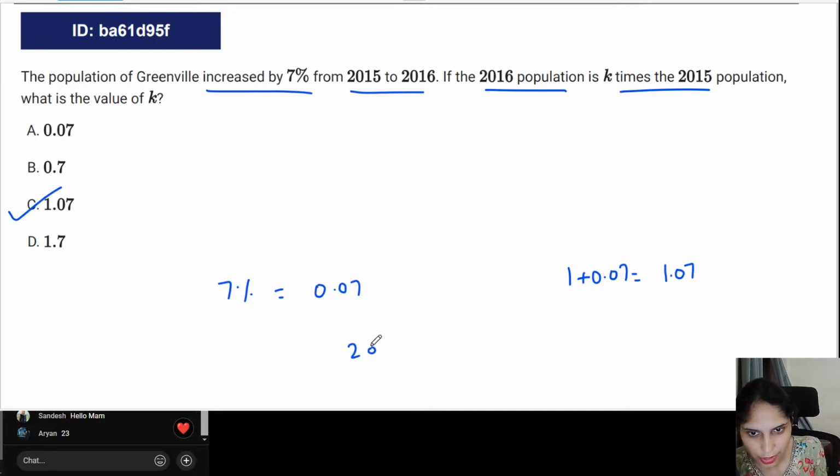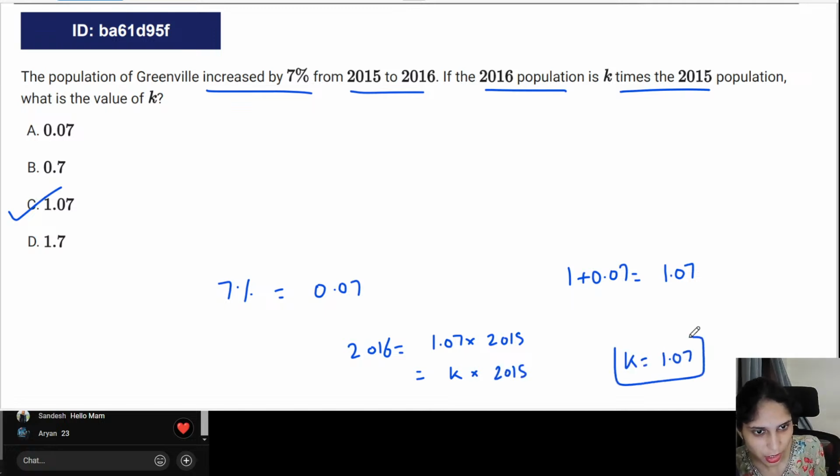So 2016 is going to be 1.07 times 2015, k times 2015. k is 1.07. I hope the concept is clear to you. 7% is going to be 0.07 because you have to put the decimal 2 digits before the last 2 digits. There is no digit before 7, so you have to add a 0 there.